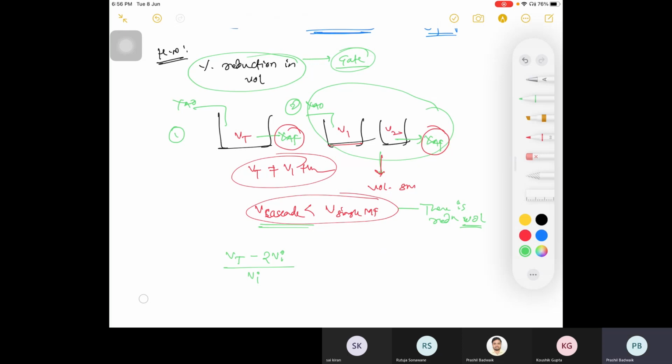Is it correct or is there any modification required? This is with respect to total. Okay, so this is the percentage reduction in volume. So you need to find this equation in terms of XA1 and XA final. What is the value of this? Okay.